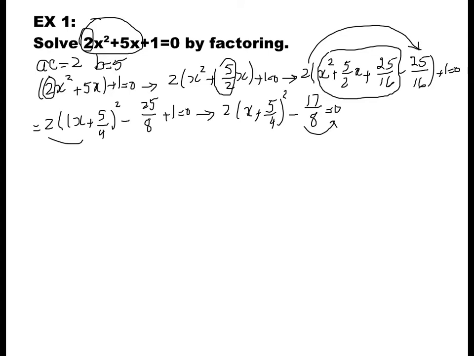Obviously, I'm going to move negative 17 over 8 to the right, so I get 2 times x plus 5 over 4 squared is equal to 17 over 8.